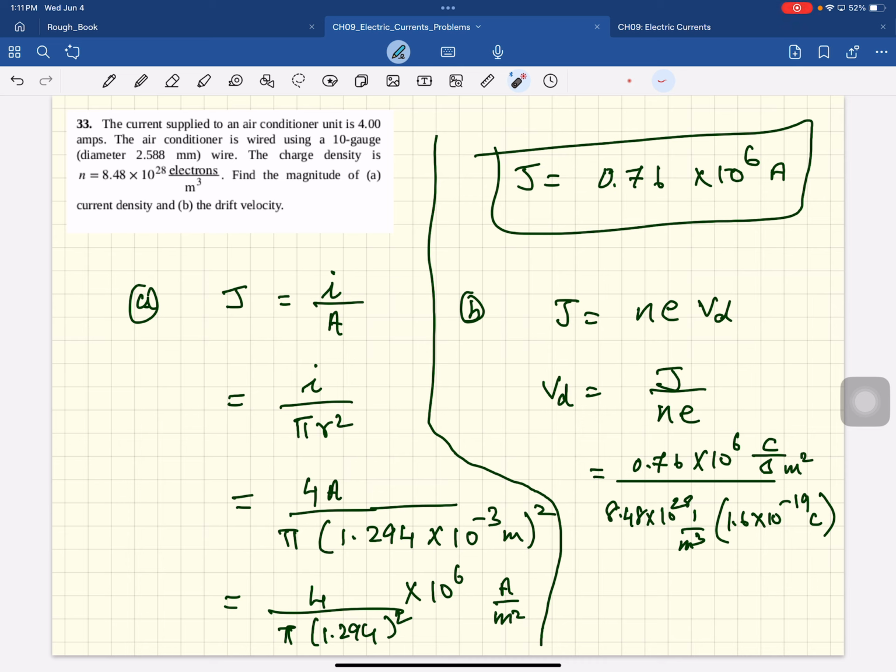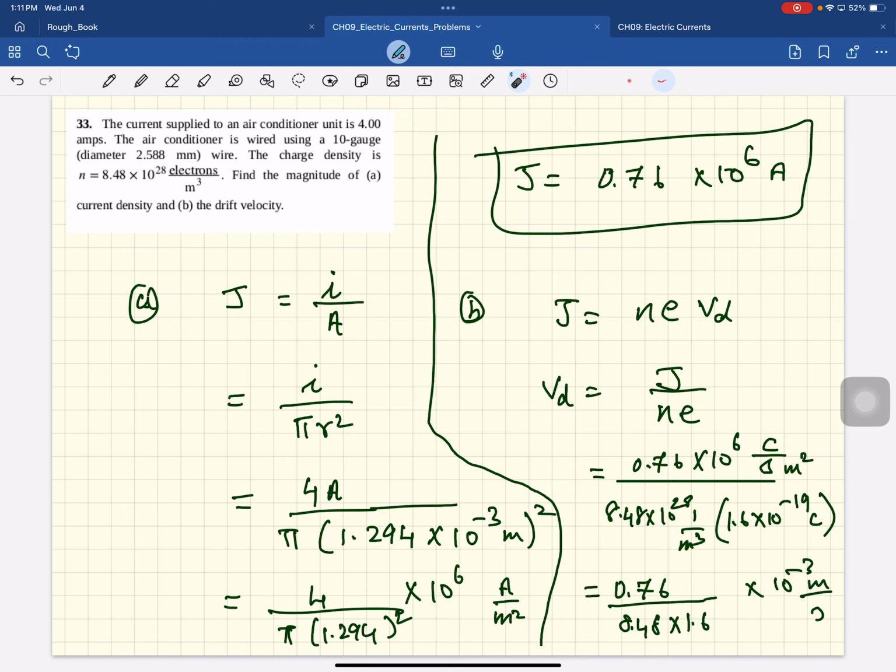All right, so let's take care of powers of 10. This is 9, and so that gives you minus 3. So that's 0.76 divided by 8.48 into 1.6 into 10 to the minus 3 meters per second, and that is in millimeters per second.